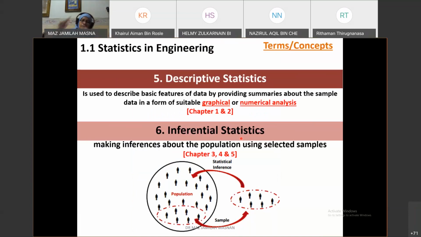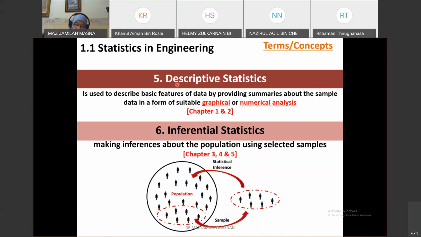Now we have covered what is variable. We have discussed what is variability. Then we have population and sample. The last two will be descriptive statistic and inferential statistic. What is descriptive statistic? The word descriptive comes from describe.